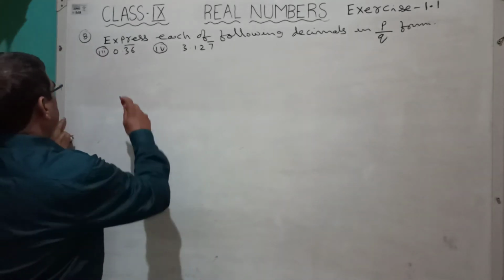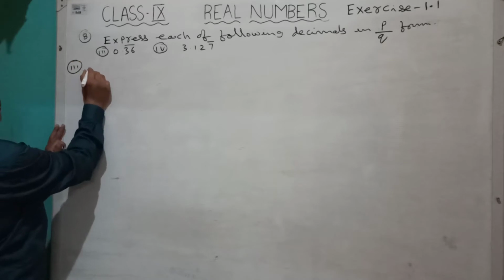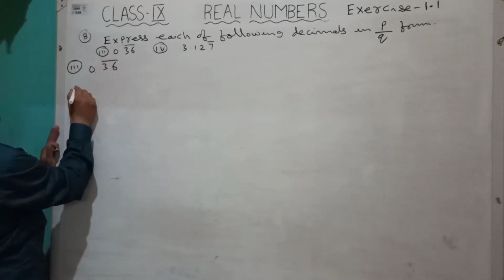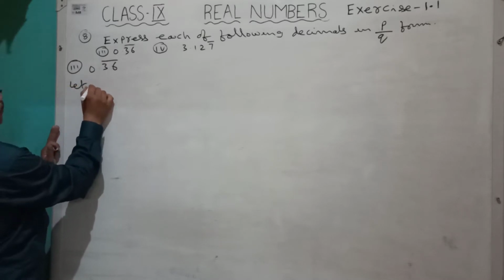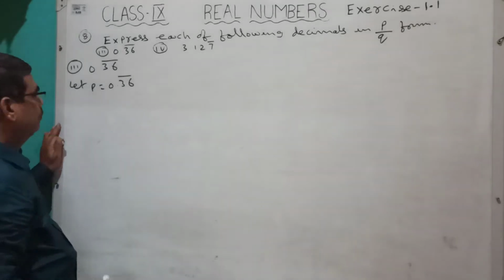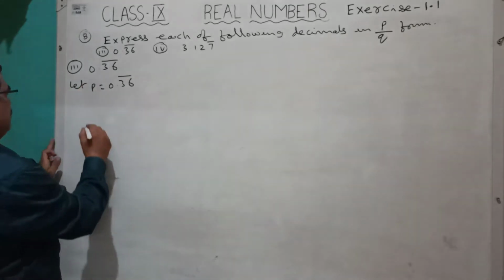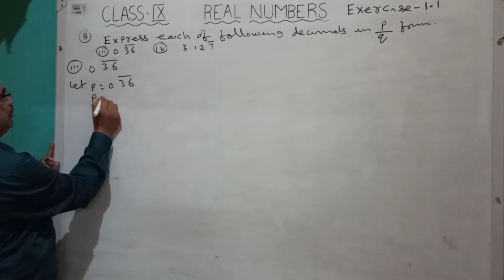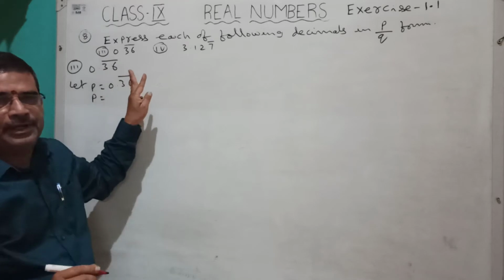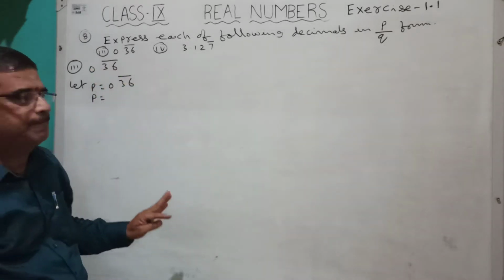So the first question is the third one, 0.36 bar. Let P is equal to 0.36 bar. We have to assume some letter, let it be P. Here 2 terms are repeating, 36 is repeating.